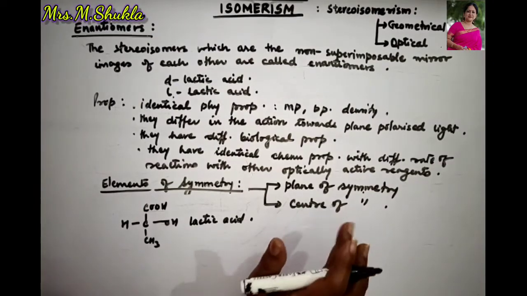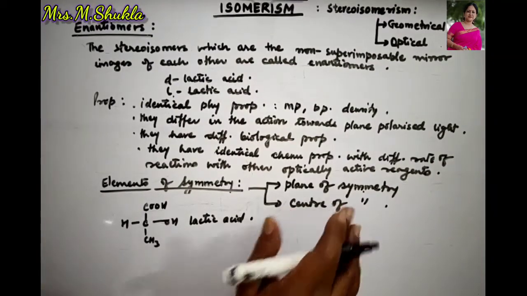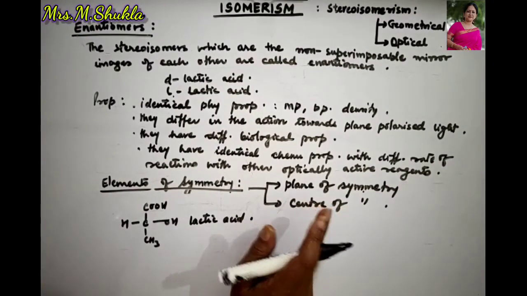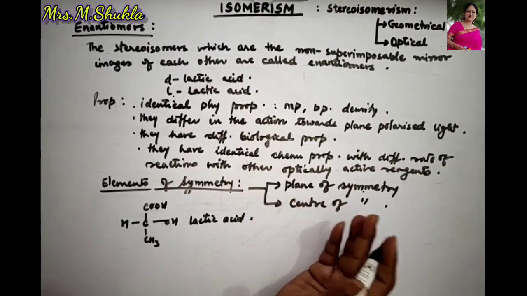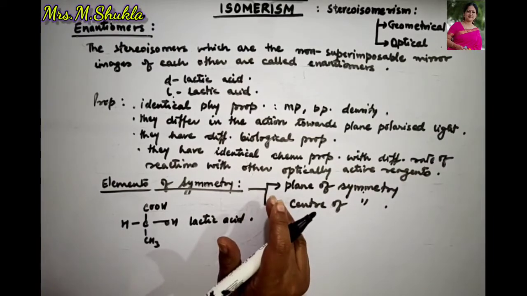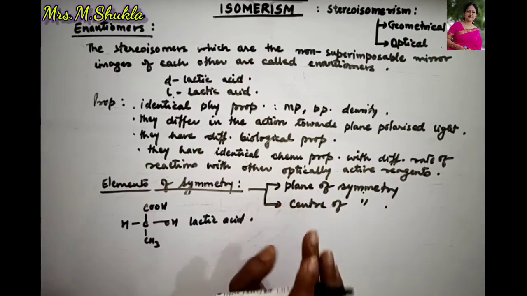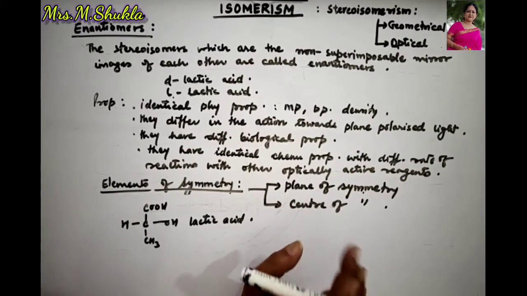A molecule is said to have a center of symmetry when it contains an imaginary point from which lines, when drawn on one side and extended an equal distance on the other side, will meet the identical points in the molecule.